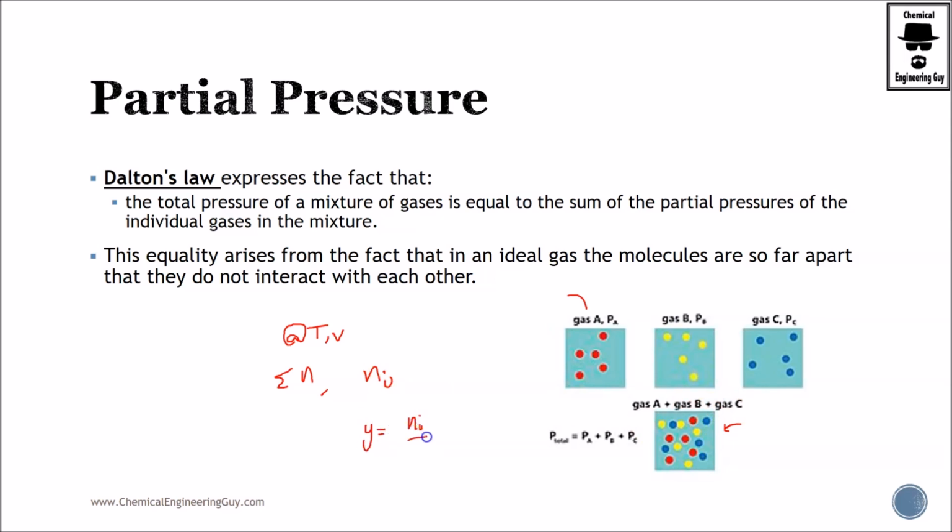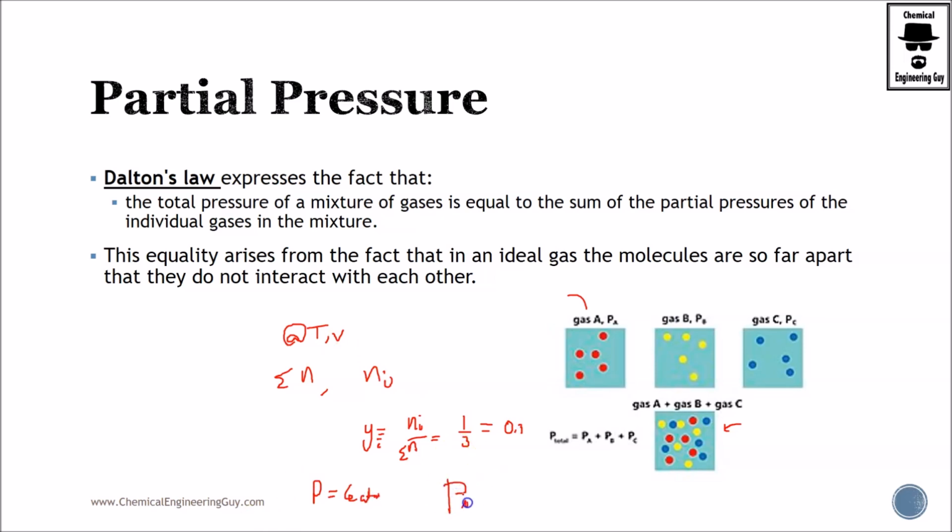So the mole fraction of my species i, and let's say this is 1/3, 1/3, 1/3, so this is 1 over 3. 1 plus 1 plus 1 equals 3, so this is 1/3. And let's say the pressure we have is 6 atmospheres, as stated before.